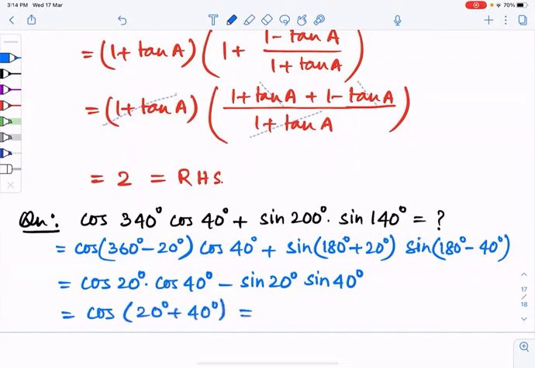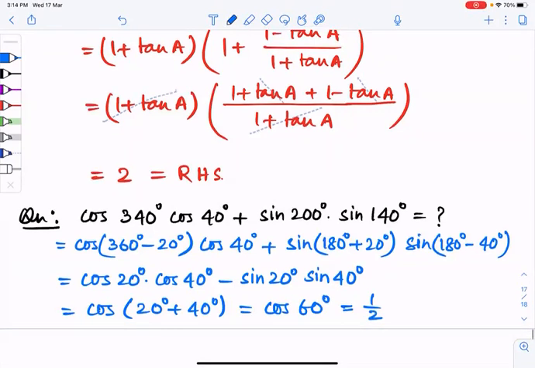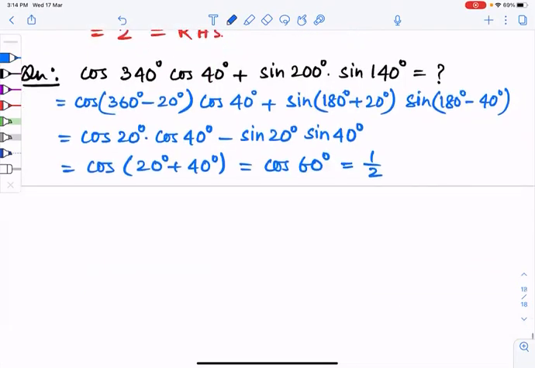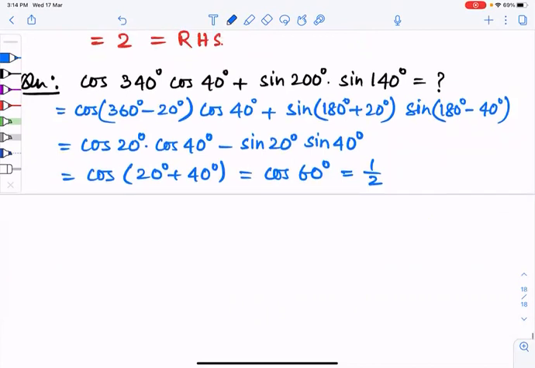That is nothing but cos 60 degree. And you know that cos 60 degree value is half. That's the answer.